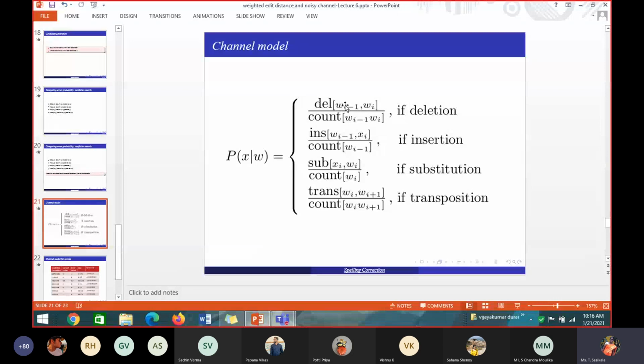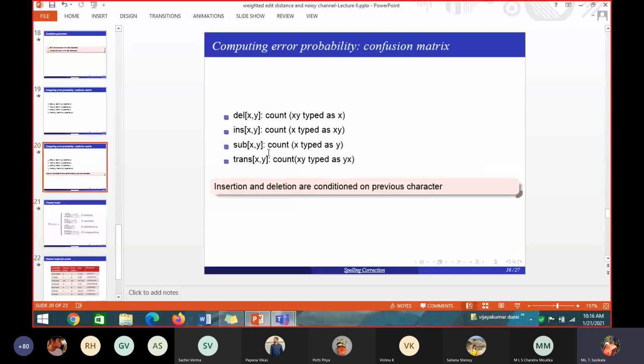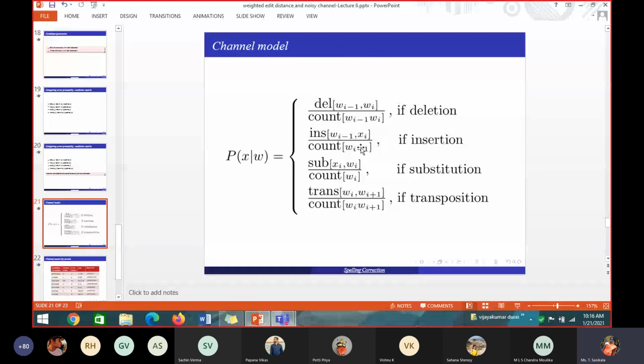Similarly, insertion, can you tell me the insertion formula, counting how many times? What does insertion say? X typed as XY. So what is the count of how many times the word W_i minus 1 occurs in my corrected corpus? Among those, how many times did I insert a character in my error corpus?